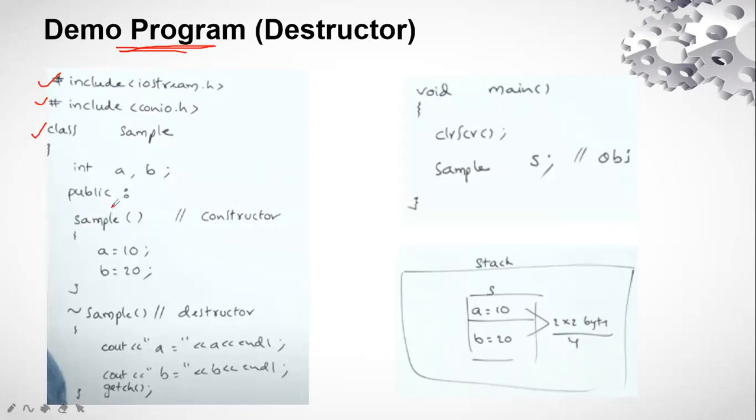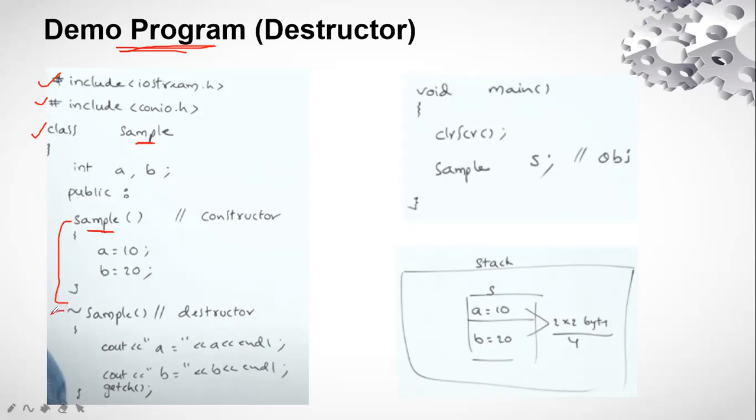This is a constructor. Sample, why sample? Because the class name and the constructor name will be the same, with parentheses. Here I'm initializing a equal to 10 and b equal to 20. Closing the braces means this is the complete constructor.